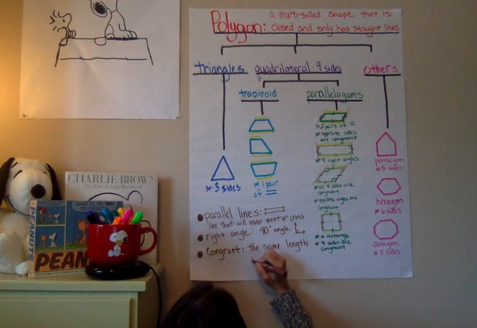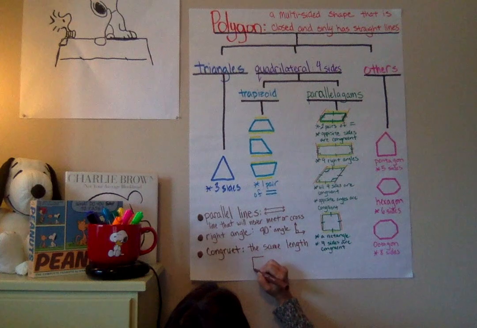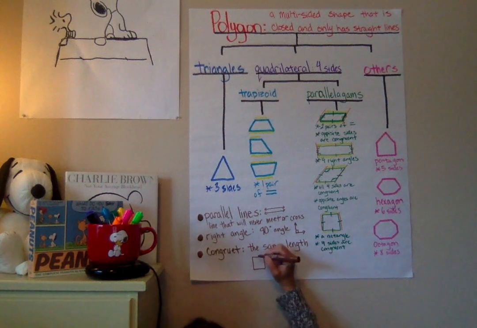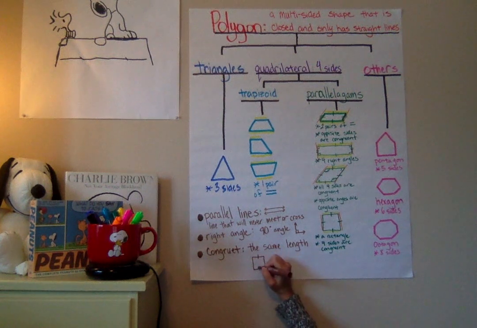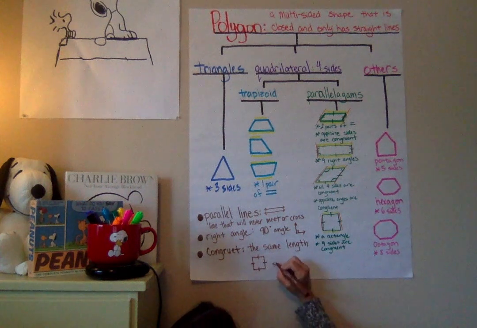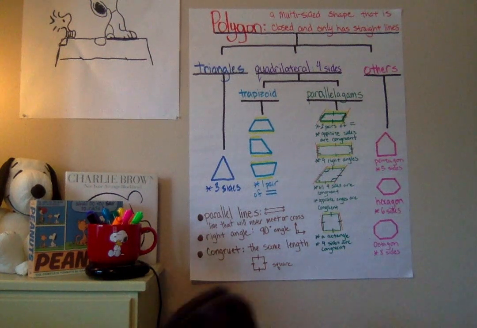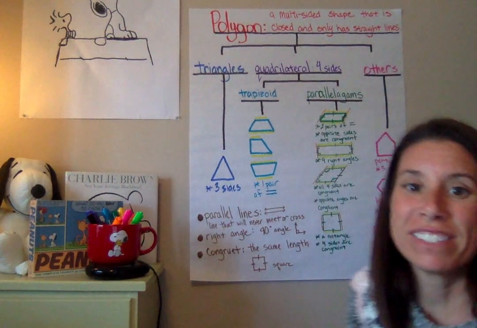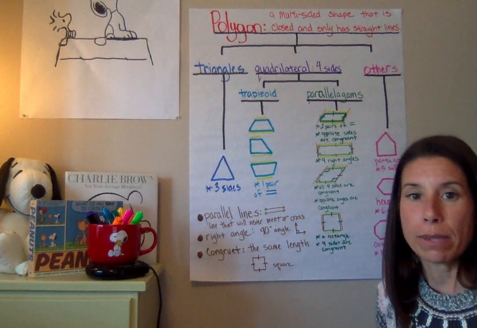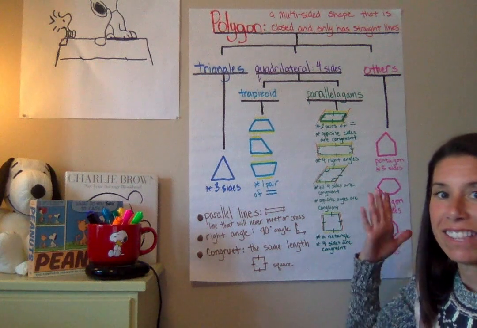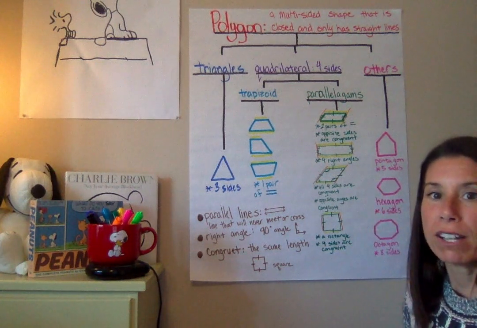Okay, so for example, I'm going to put a square, and then I'm going to put those lines to show that they're all the same. Okay, so we know a square has all the same size length of sides. Okay, so here is the anchor chart for polygons.